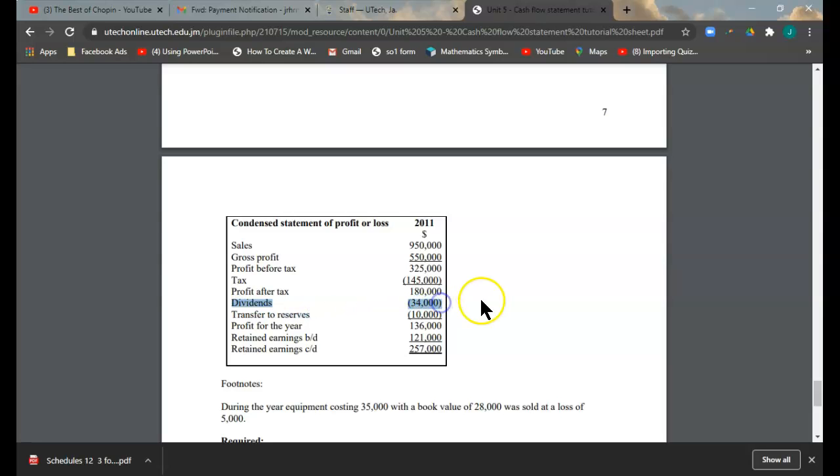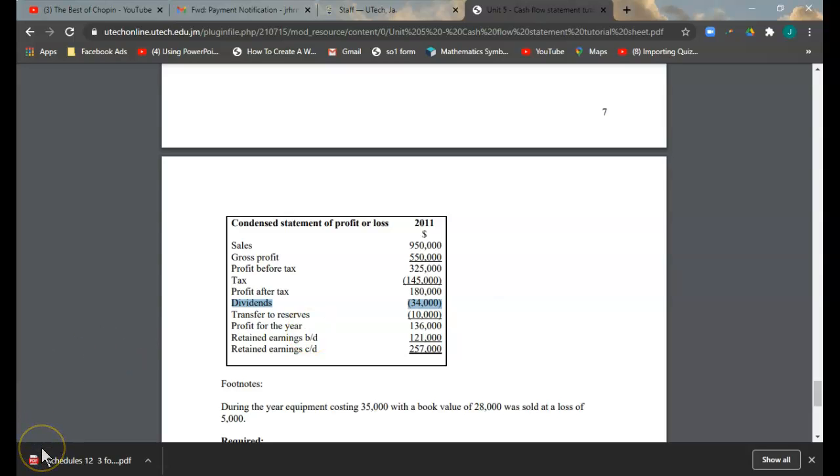So what this means is that the dividends paid and proposed that we would normally see in the statement of changes in equity is merged with this condensed statement of profit or loss. So this figure represents the expected payout for dividends for 2011. And that is a figure that we want to complete the T account so we can work out the dividends paid. Now please remember, this dividend of 34,000 need not be the dividends paid for the year. So don't get the figures mixed up.